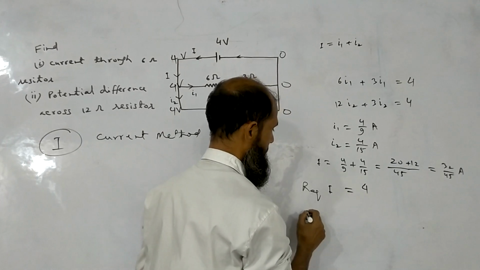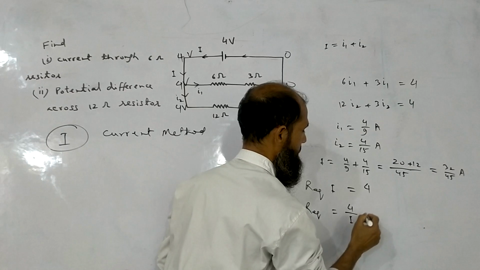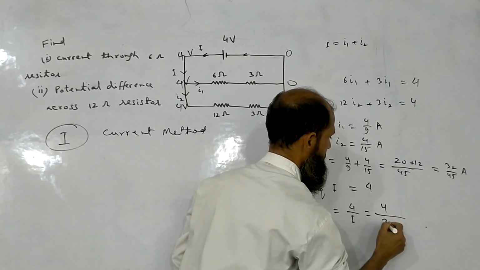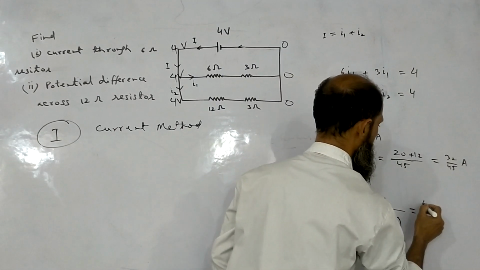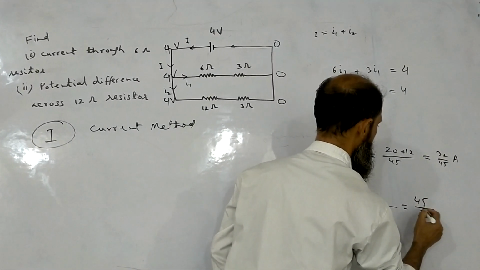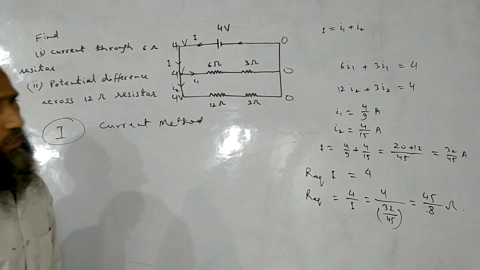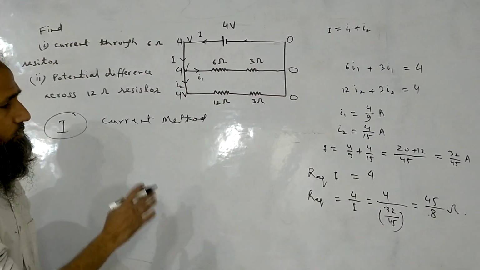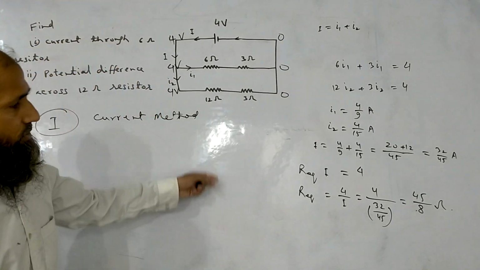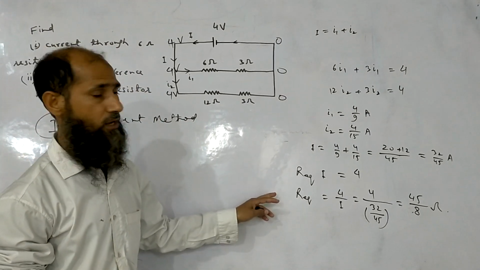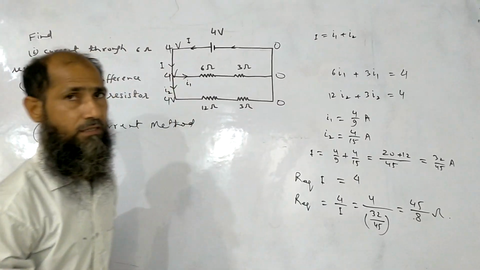And so from here we get R equivalent is equal to 4 divided by I, which is equal to 4 divided by 32 by 45, which is equal to 45 divided by 8 ohm. So this is the equivalent resistance. In this question it was not asked, but if we need to find out the equivalent resistance, this way we can find out 45 by 8 ohm.